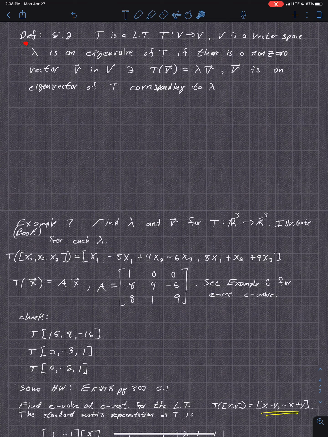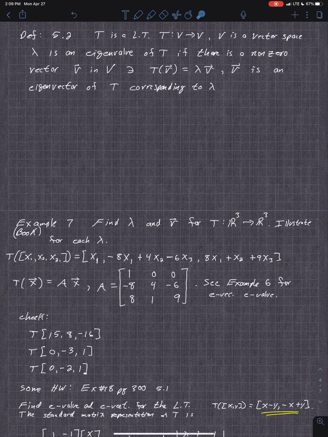So next definition, 5.2. All right, so let T be a linear transformation that goes from V to V, where V is a vector space. Lambda is an eigenvalue of T if there is a non-zero vector V in V such that T of V equals lambda V. So that's like the matrix definition, but it's a linear transformation.